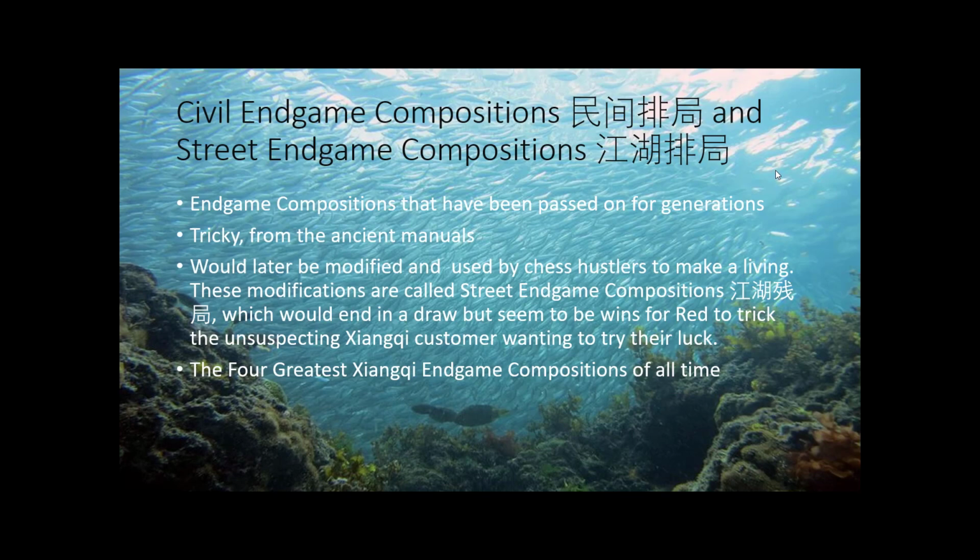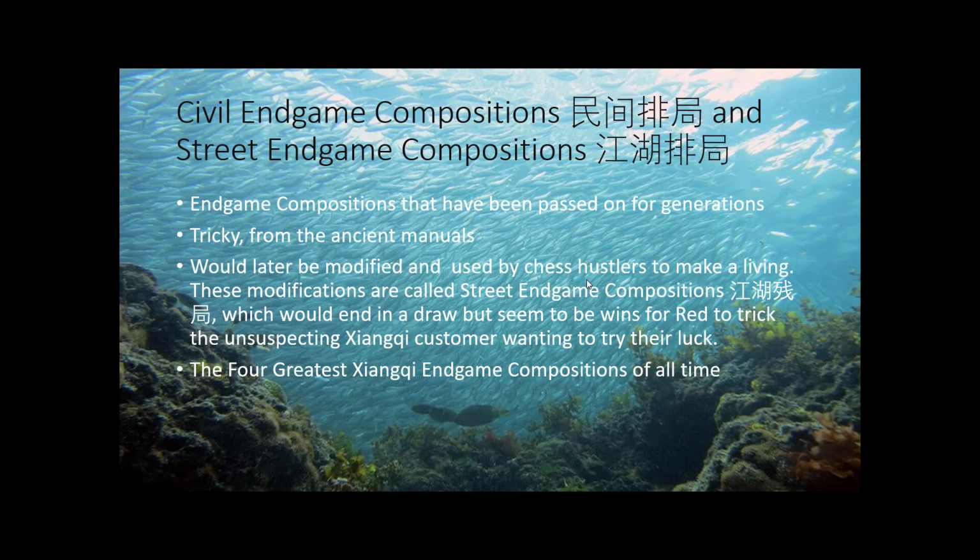The next portion will be civil endgame compositions and street endgame compositions. As mentioned earlier, endgame compositions that have been passed on for generations are called civil endgame compositions, and they often are modified by chess hustlers to make a livelihood, and most of them have their roots in the ancient manuals.